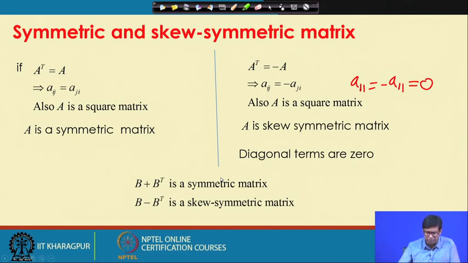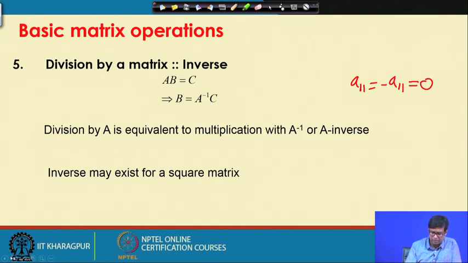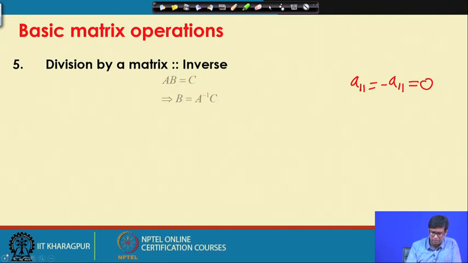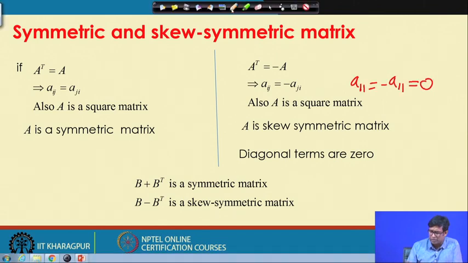Now, if B is any matrix, B plus B transpose is a symmetric matrix. We can start by considering any general matrix B, but B can be added with B transpose only when B and B transpose have the same order. Therefore, B has to be a square matrix.